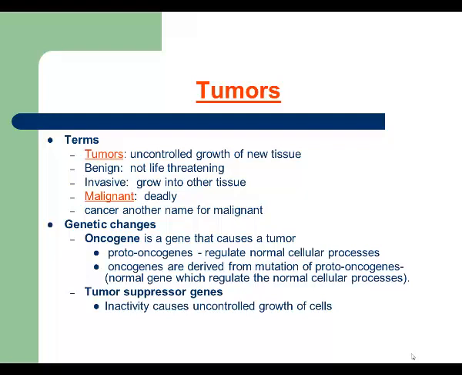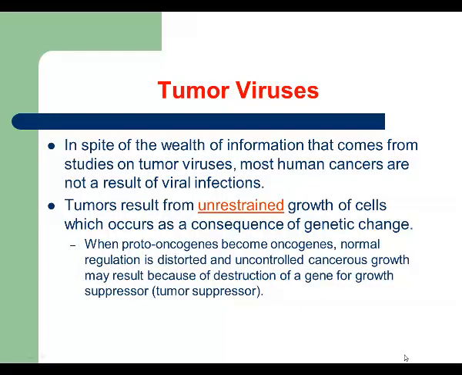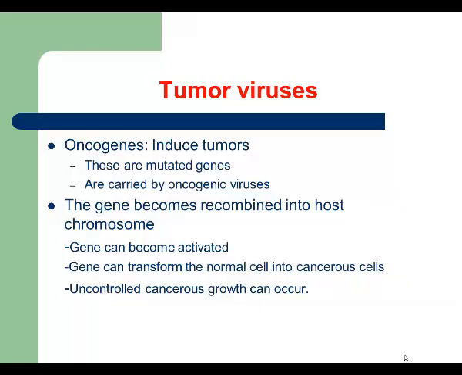When they stop working, then patients develop tumors. But besides the fact that mutation of our normal genes can eventually lead to tumor, you have to remember that some viruses can also induce tumors.